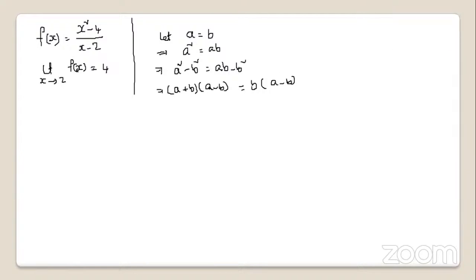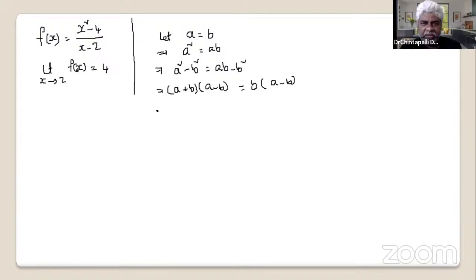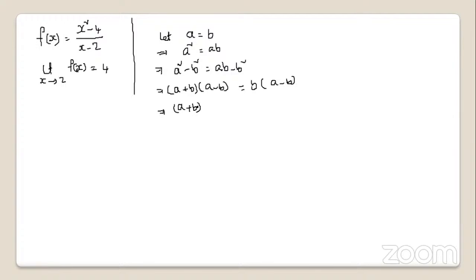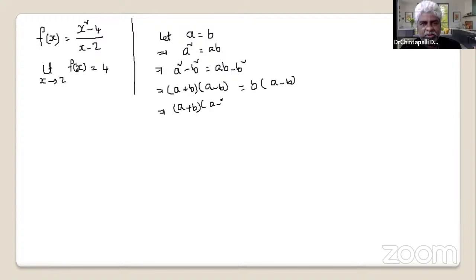A minus B. Divide both sides by A minus B. A plus B times A minus B by A minus B is equal to B times A minus B by A minus B.